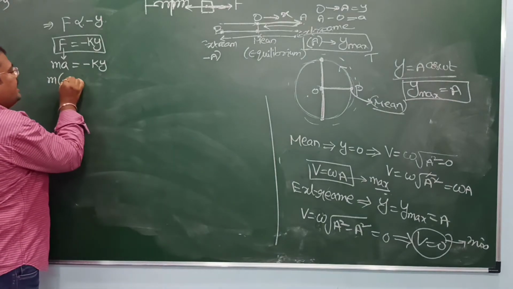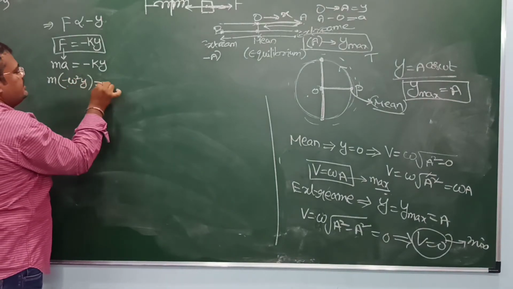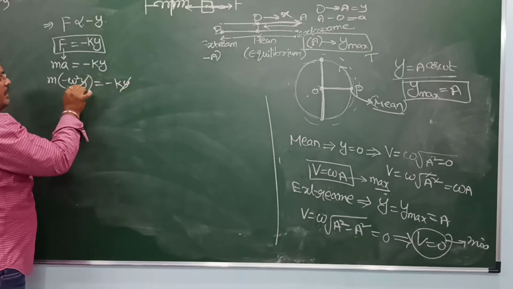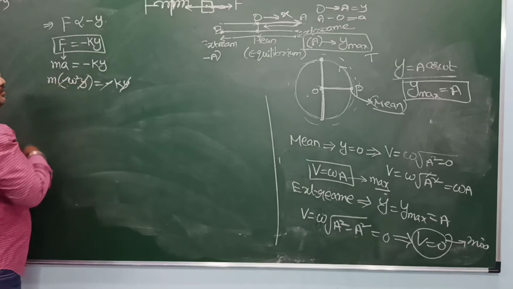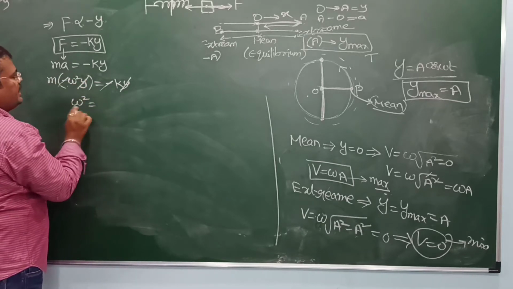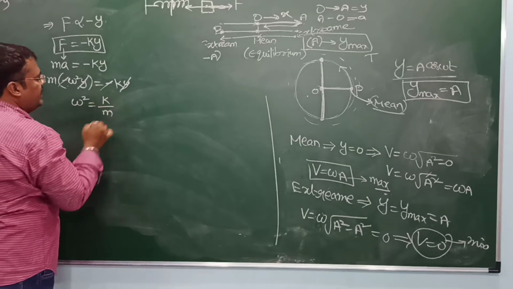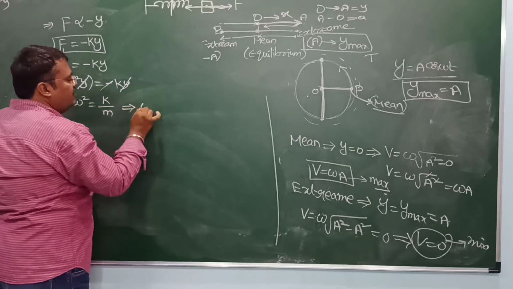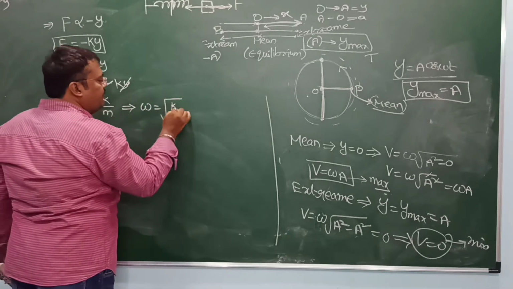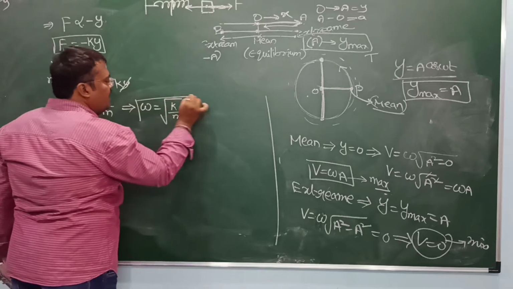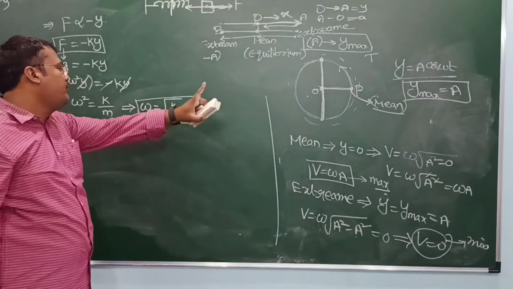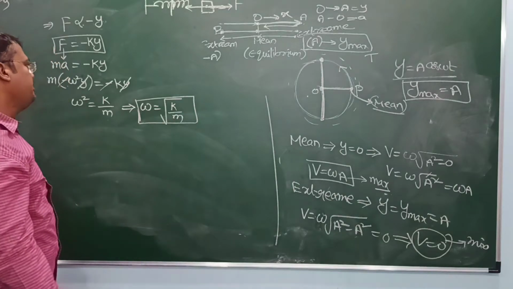So minus omega square y is equal to minus k y. Now y cancels on both sides, and the negative sign gets cancelled. Then omega square is equal to k divided by m. Then omega, the angular frequency, is equal to square root of k divided by m. This is the standard value of omega in simple harmonic motion.